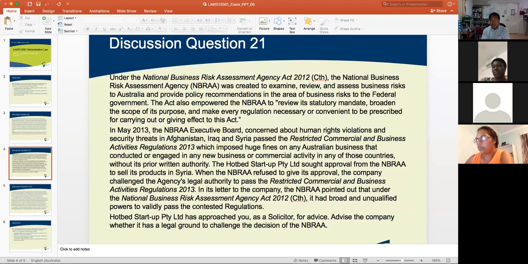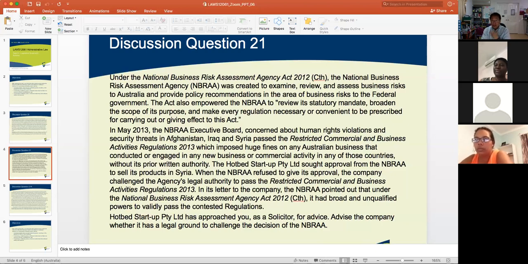And for this reason, as pointed out by Edward, the law provides that it is about the power of NBRAA to examine, review, and assess business risks to Australia. And what the NBRAA has done instead is actually to regulate businesses in Australia and even impose huge fines.